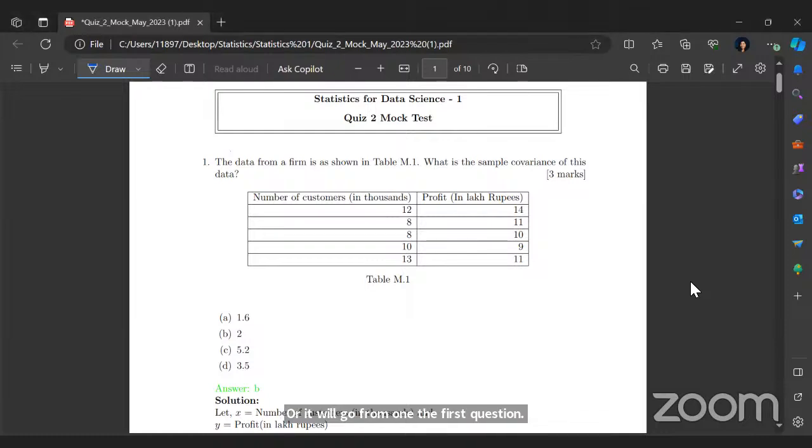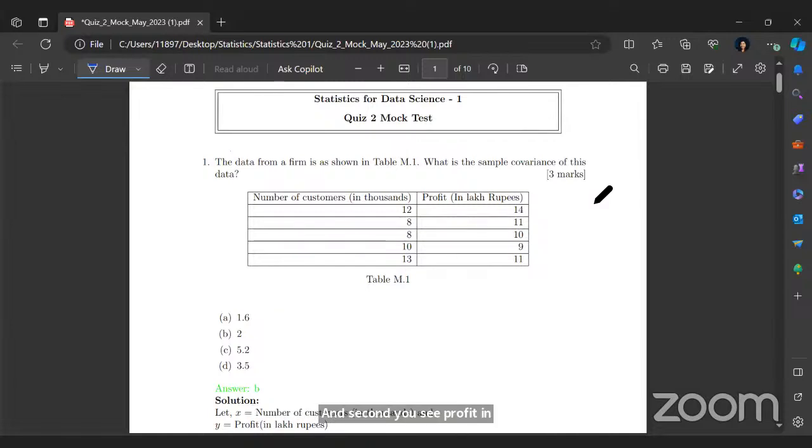The first question says, the data from a firm is shown in the table M.1. In the table, you see the first column as number of customers and in the second, profit in lakh rupees.